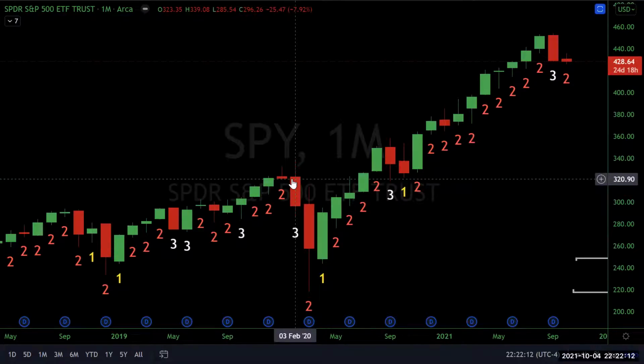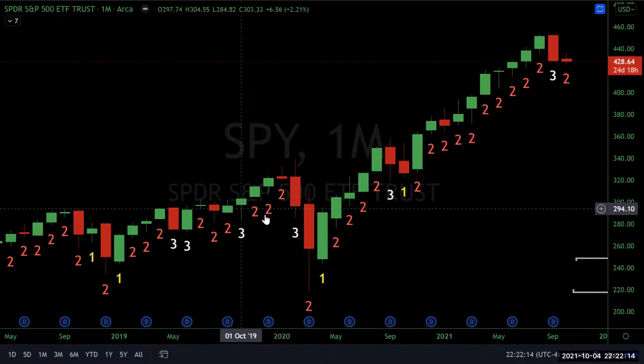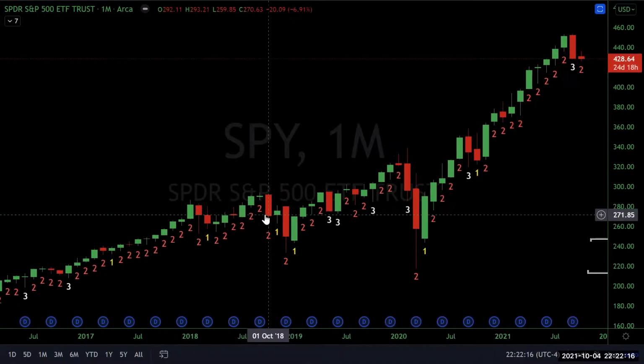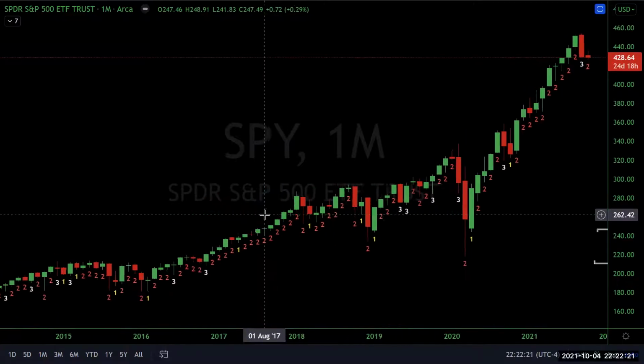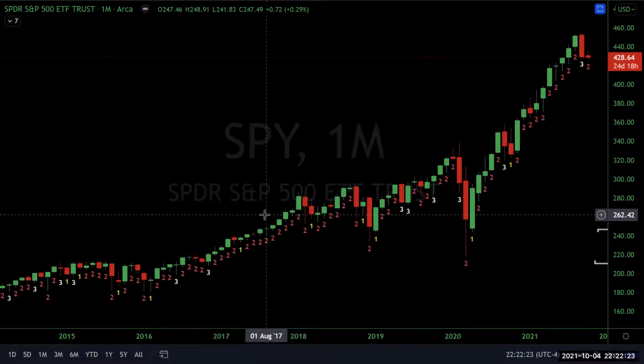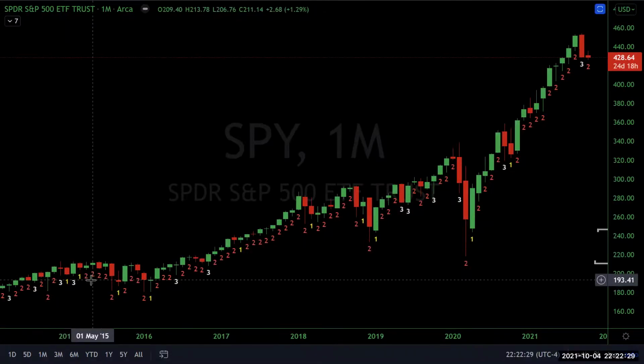Hold on, I'm trying to find a green 2 down. Damn, kind of hard to find a green 2 down on SPY. This shit does just go up. Yeah, no, I'm not seeing any. No, right here, it's the low 2676. Okay, all right, so I found one over here.